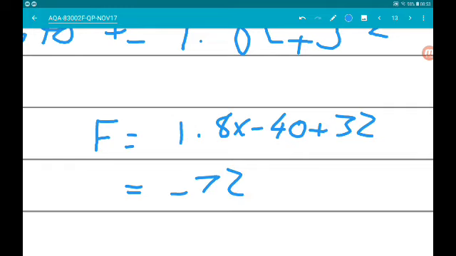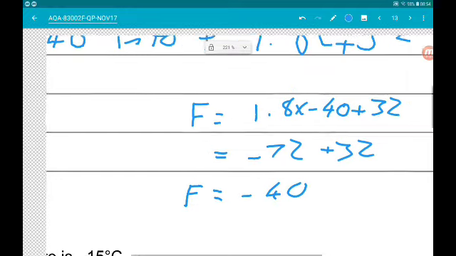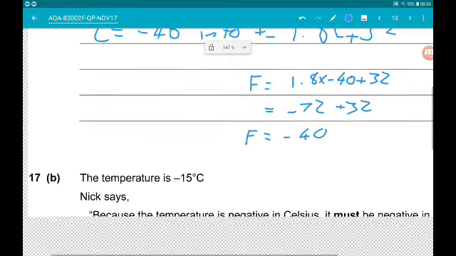Add the 32, so that gives us F is minus 40. So there we go, we've shown minus 40 Celsius is minus 40 Fahrenheit. Cool.